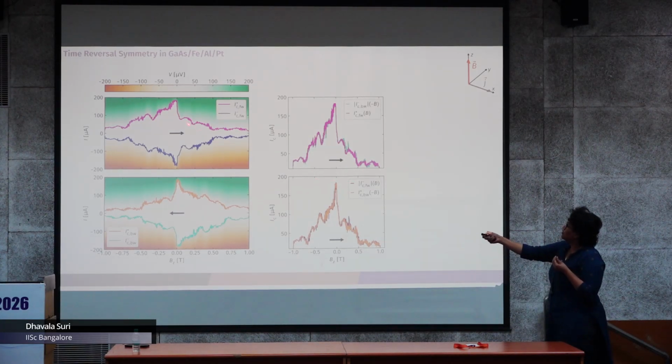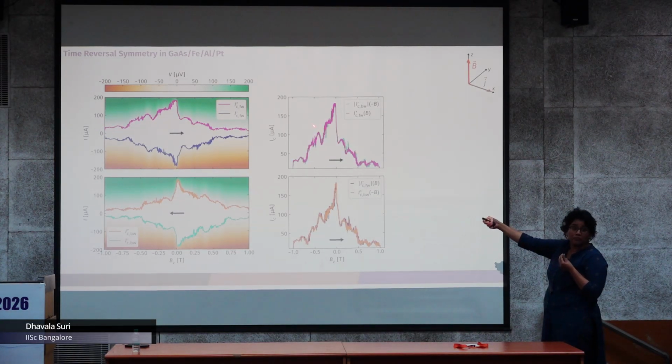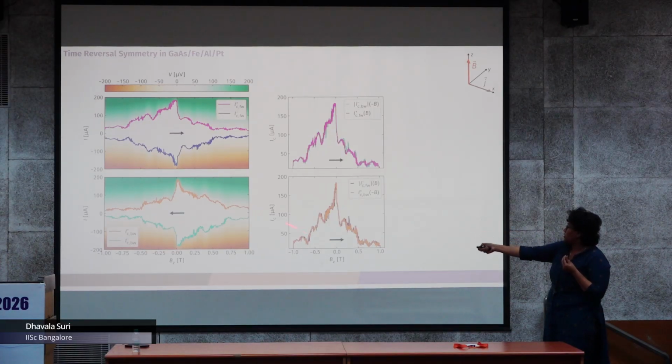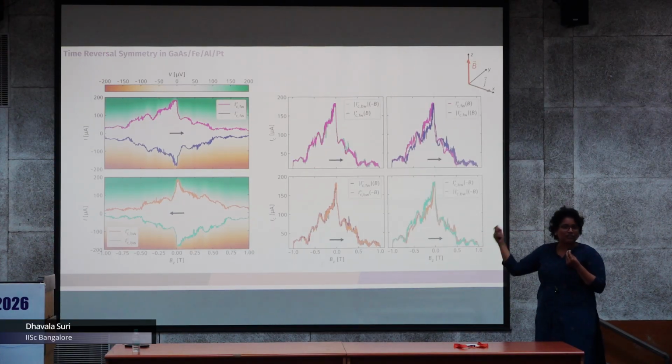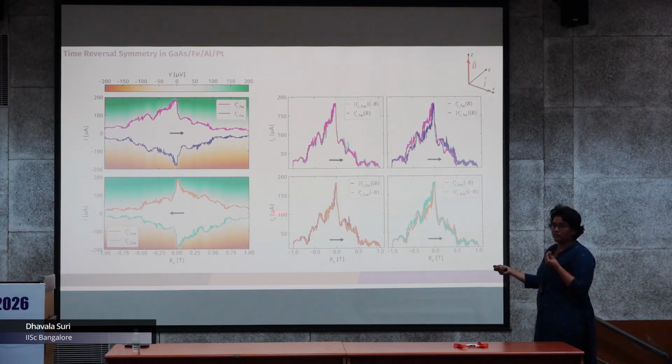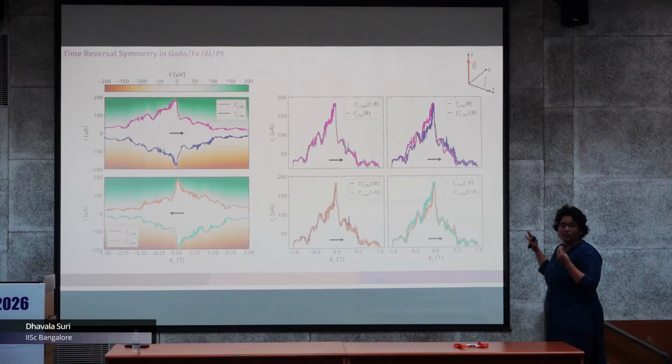Just to show that, I have shown you here that there is this violet curve and this sea green curve, and they overlap perfectly, and this blue and the orange curve they overlap perfectly. But if you take any other combination of critical current curves, they just don't overlap at all.